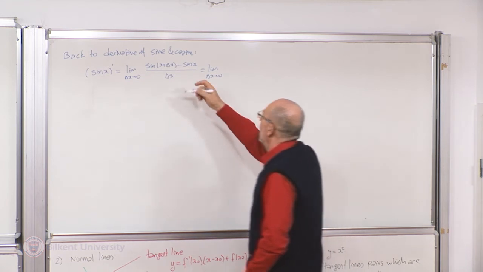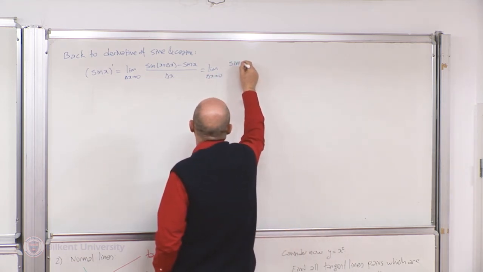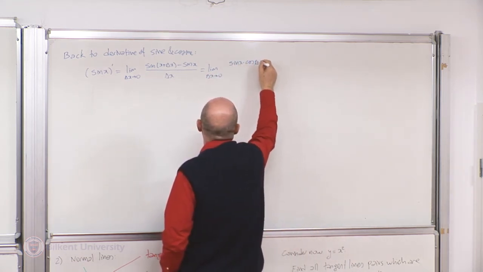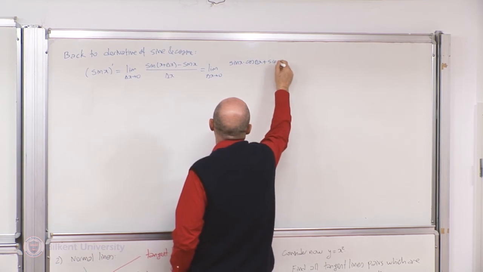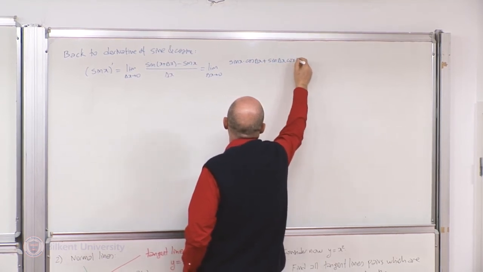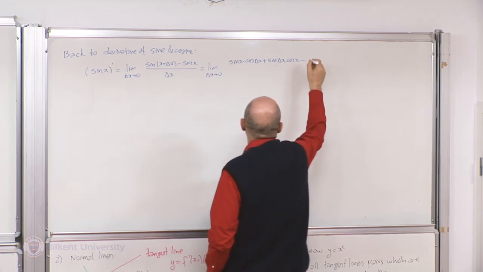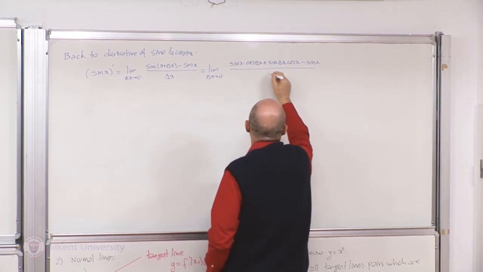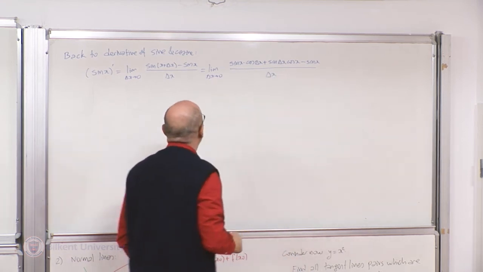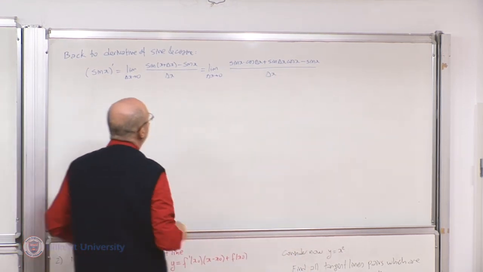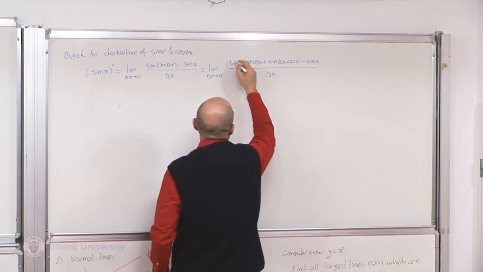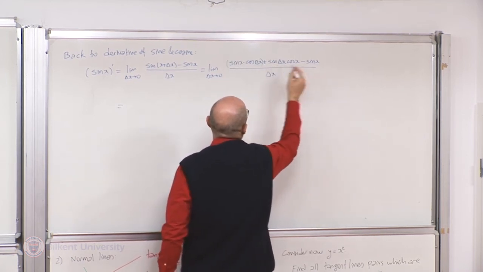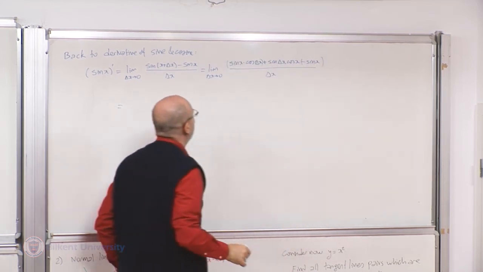Here I have sine x cosine delta x plus sine delta x cosine x minus sine x over delta x. As we did before, I'll take this one together with this one.